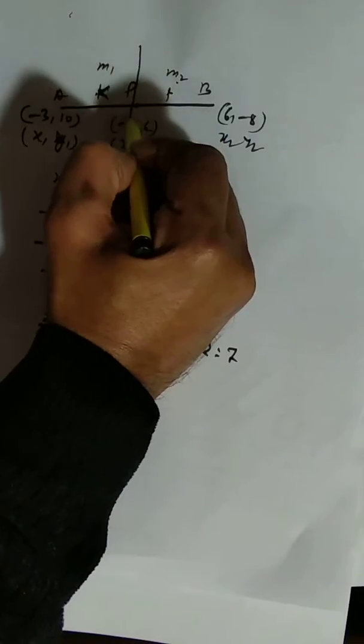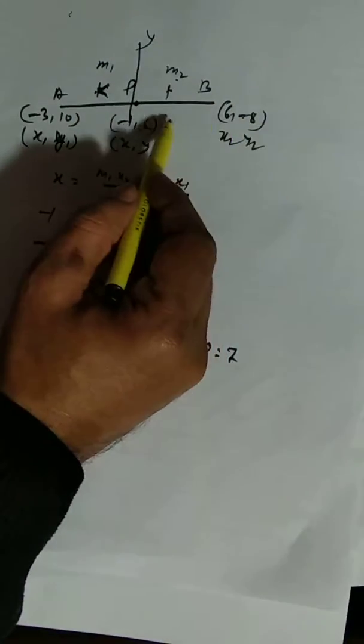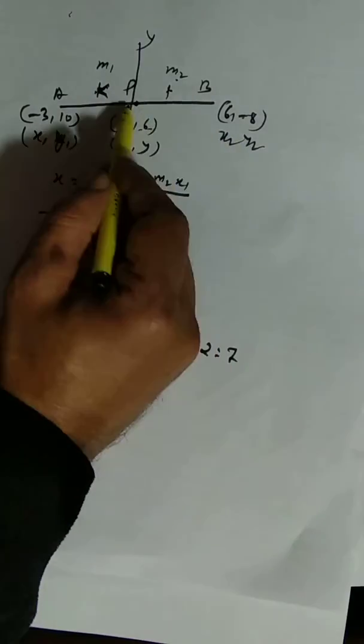Now here both x and y were known to you, so you could use any of them. But sometimes they will twist this question by saying find a point on the x-axis or y-axis, suppose y-axis, which divides AB in a certain ratio.